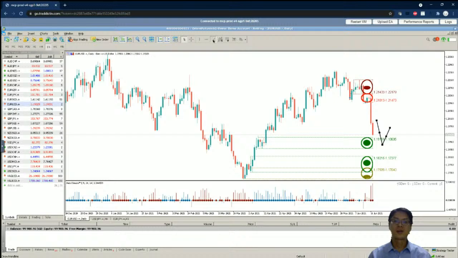It could continue down lower, or it could rebound and make its way back up again. But clearly the movement is to the downside, so it's something that we need to respect.